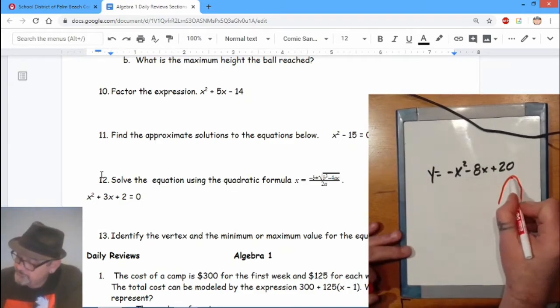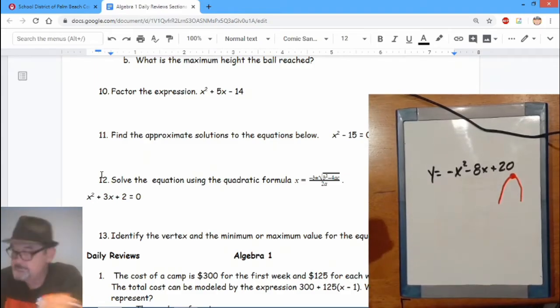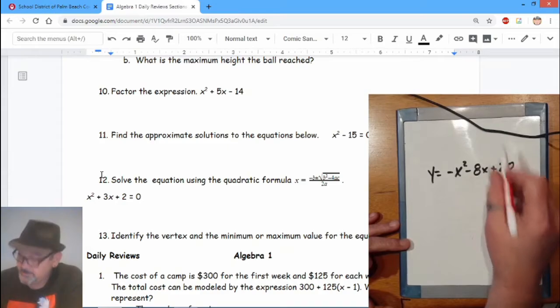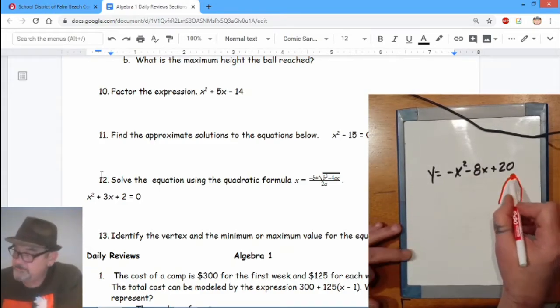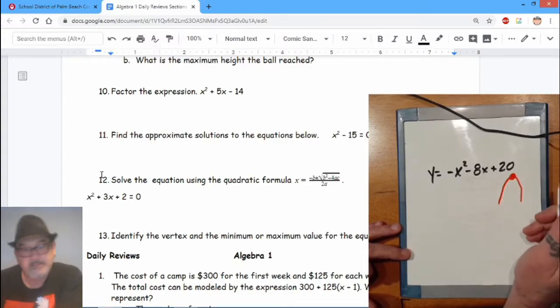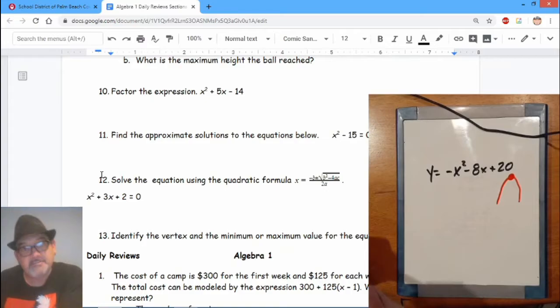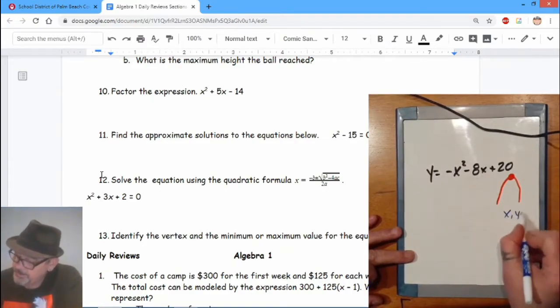So if I'm looking for this point, remember, that's the middle point. The highest or lowest point is your vertex. This is going to be my highest point, because since it's upside down, it's not going to get any higher. So I'm looking for the maximum value here. Now, what about the vertex? What is this point right there? That's the vertex. Well, to find the x-coordinate of this vertex, remember, every point is x comma y.